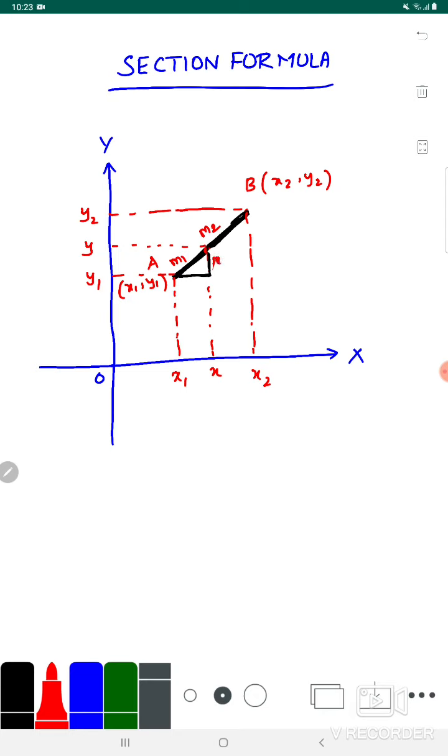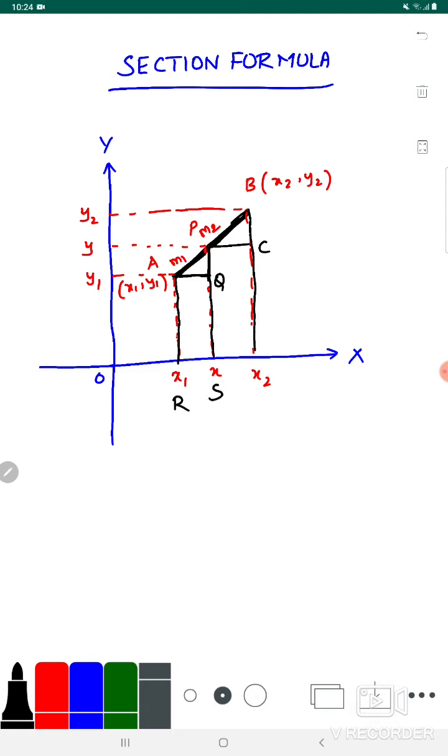Okay, one second. Right, let us say this is A, P, Q. Also, let us say this is P, B, C, and let us mark these perpendiculars as AR, PS and BT, right.